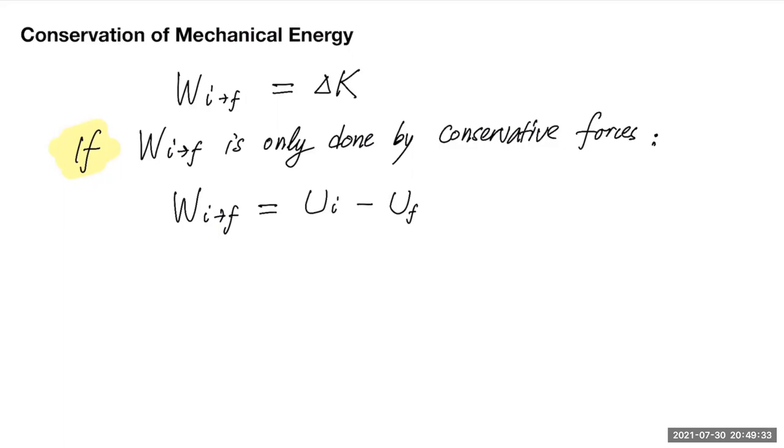I can now rewrite the work-energy theorem as follows. Ui minus Uf equals delta K, which is K final minus K initial, right? Now, be careful about the order.